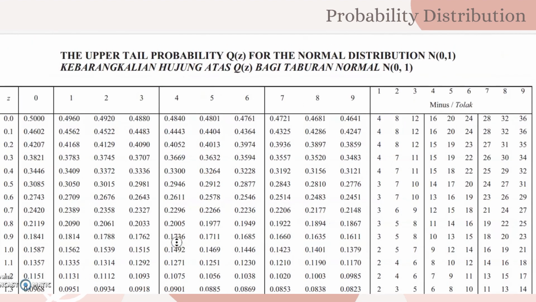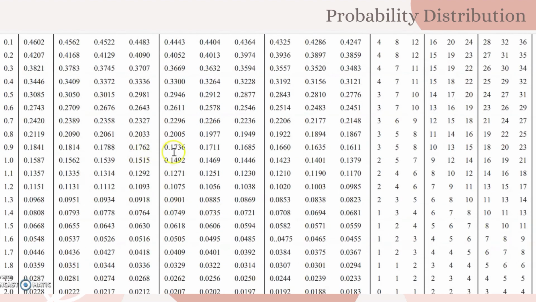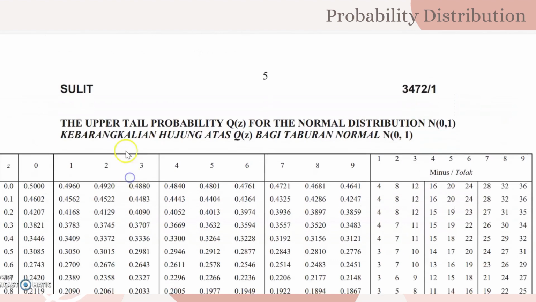So what we can do here is, positive means the upper tail, which is the right hand side.